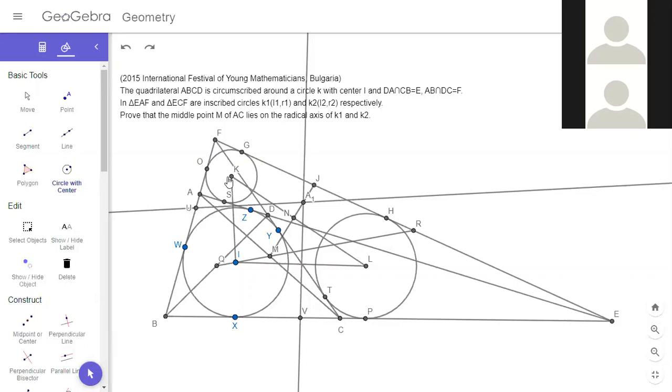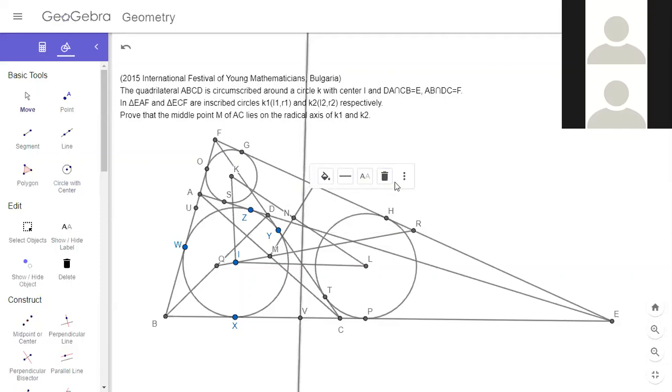What if I do this? Hold on just a second. So I kind of did something like this. Yeah, the diagram does look really messy. I'm going to delete this radical center of the three. I'm not sure how helpful that's going to be.